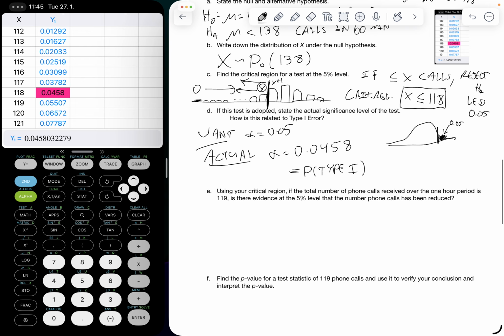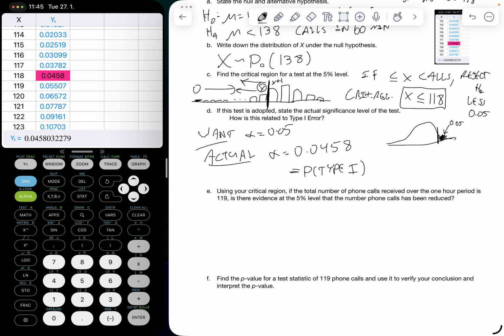So using your critical region, if the total number of phone calls received over the 1 hour period is 119, is there evidence at the 5% level that the number of phone calls has been reduced? Well, you can see in our table over here that the probability of getting 119 or less is over 5%, so that's not in our critical value.